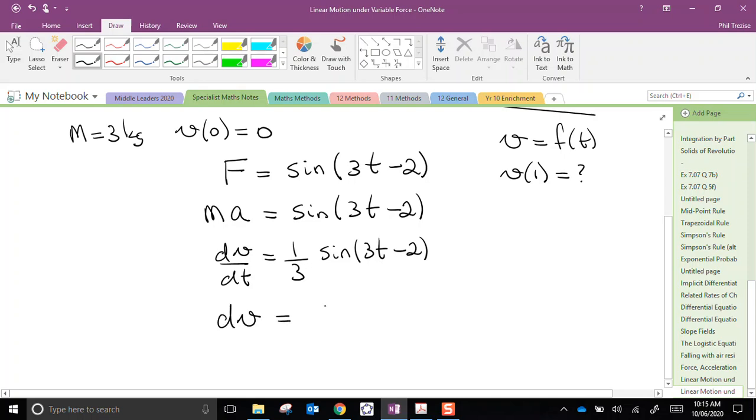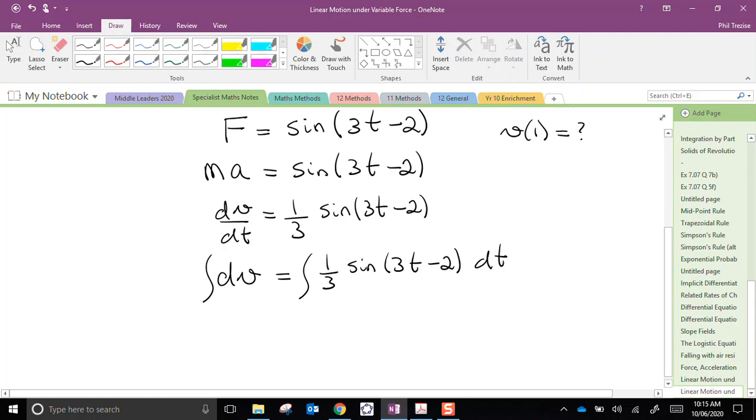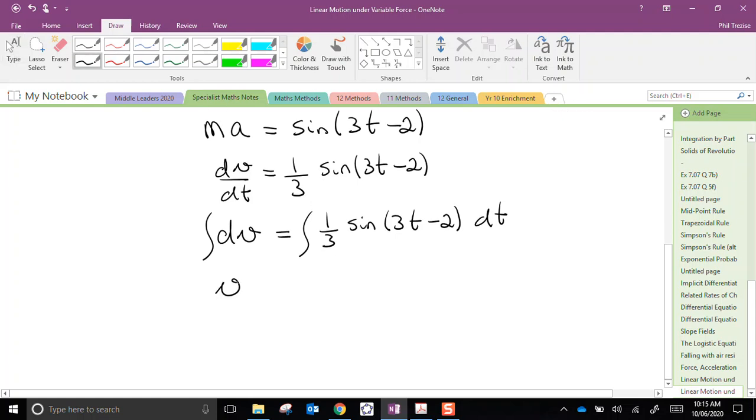dv would equal 1/3 by the sine of 3t take 2, and I've moved the dt, and we'll integrate both sides of this expression. Integral of dv is v. Now the 1/3 there is a constant which will spectate as everything else happens.